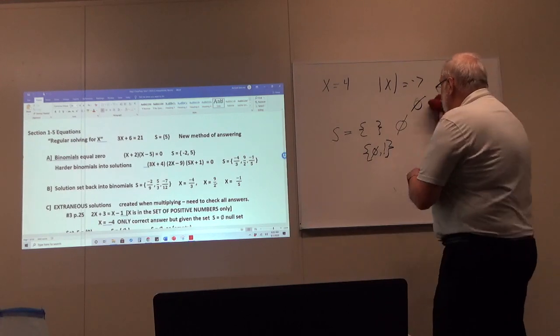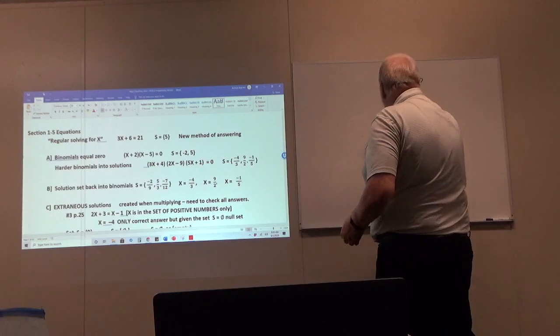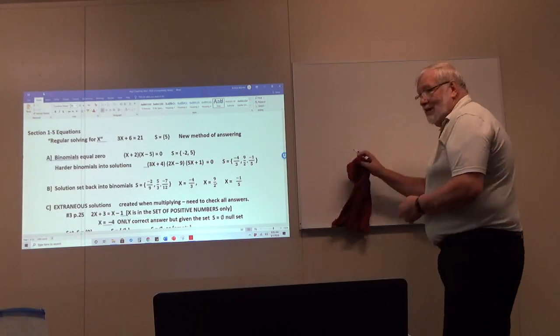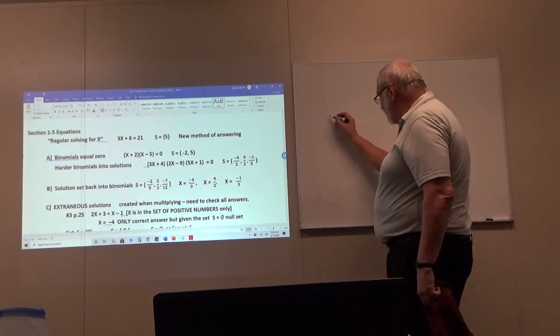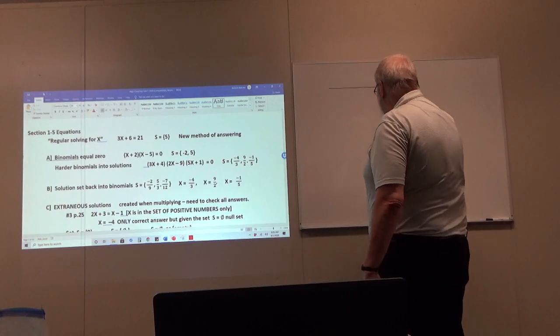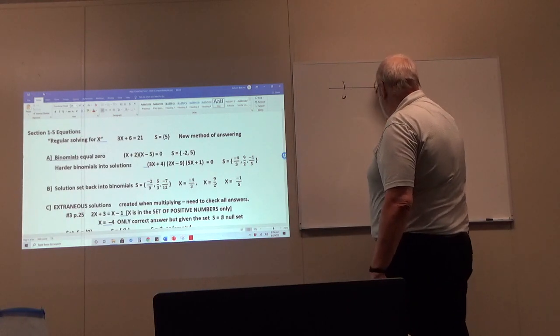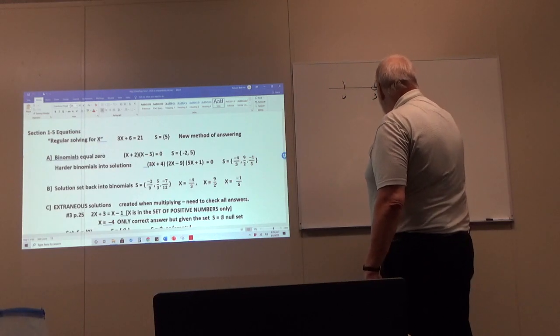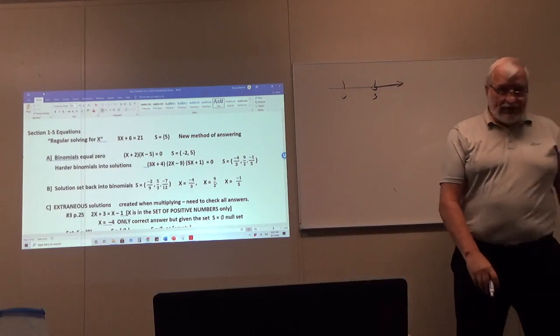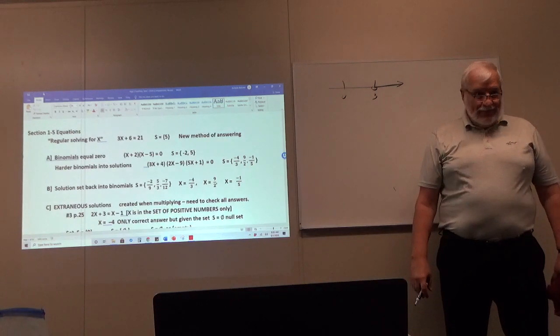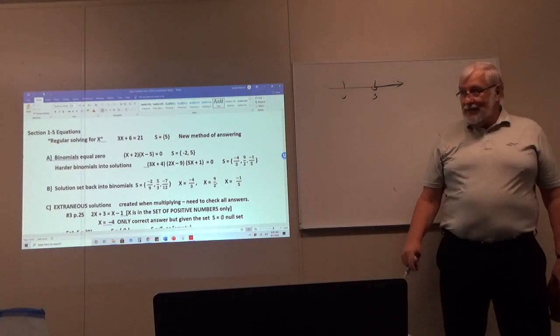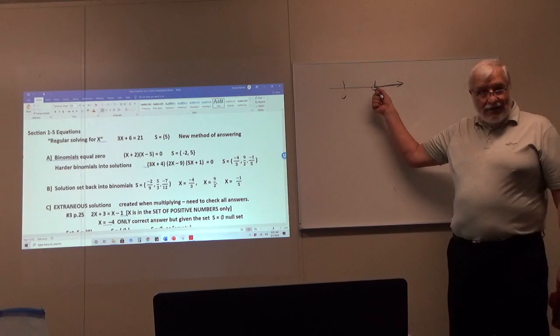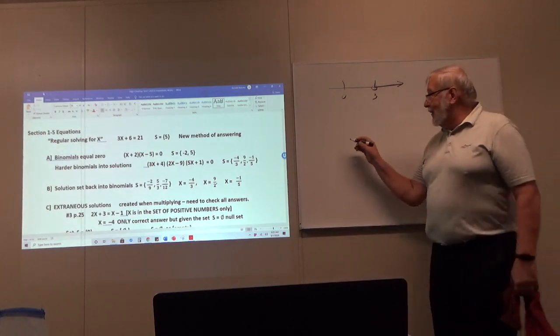If there is a solution, then you're going to put it in the set. Let me show you something a little different. There's an inequality. What does it say? It says x is greater than 3, right?